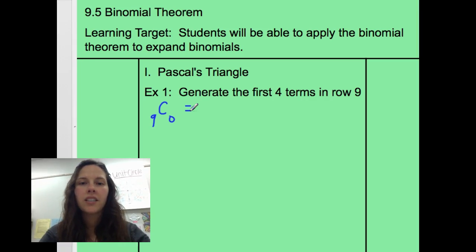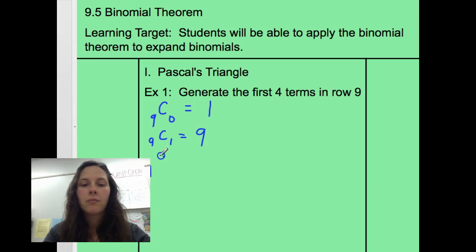But just to simplify and save a little bit of time in the video, 9C0 is 1, and we already knew that the first term in every row of Pascal's triangle is 1. 9C1 for that second term is 9, and we already knew that as well because the second term in every row matches the row number, and we're in row 9.